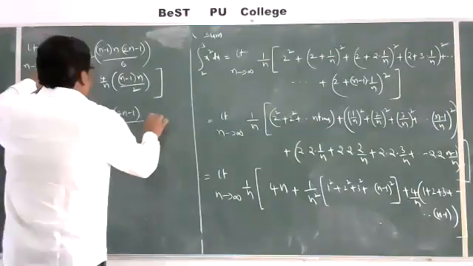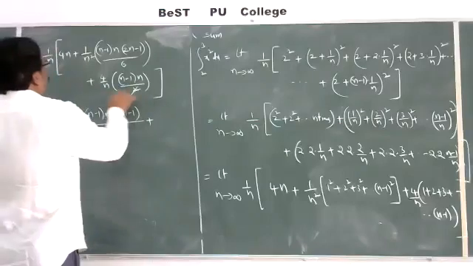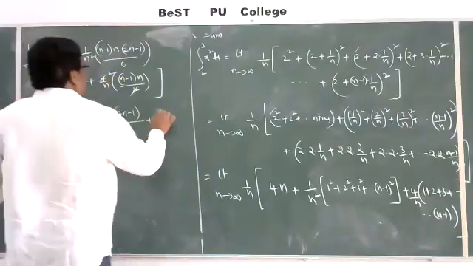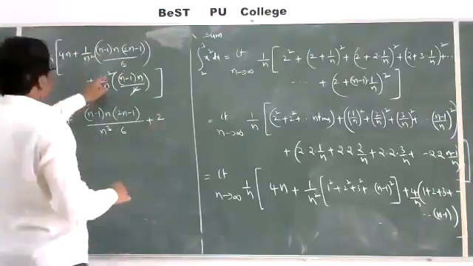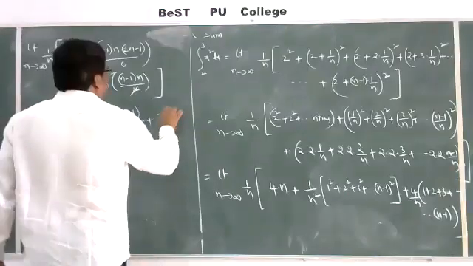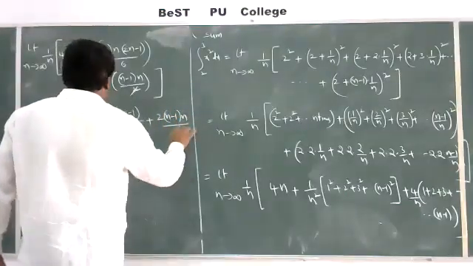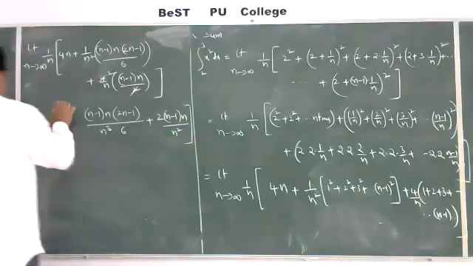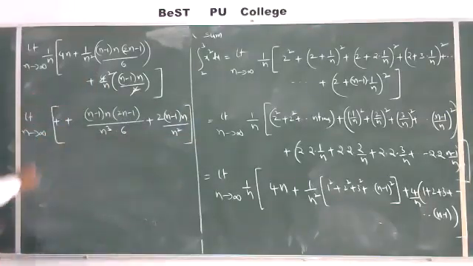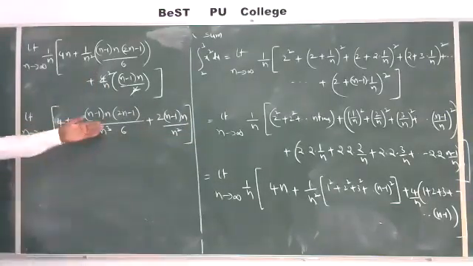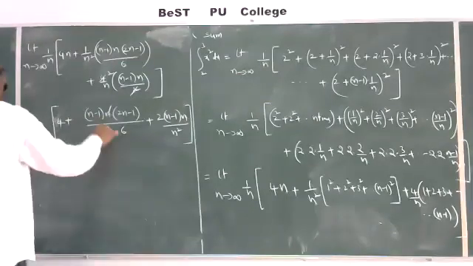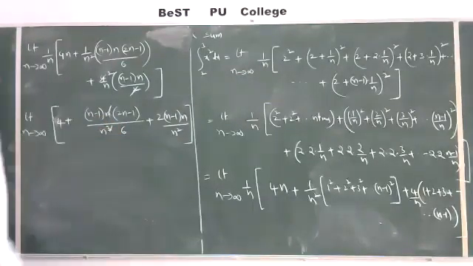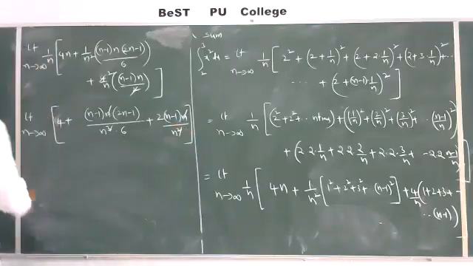Here plus 4 by 2, that is 2 times 1 by n into 1 by n square, that is (n minus 1) into n by n square. Multiplying 1 by n inside the bracket, you get this value. Here n cancels, here also n cancels.